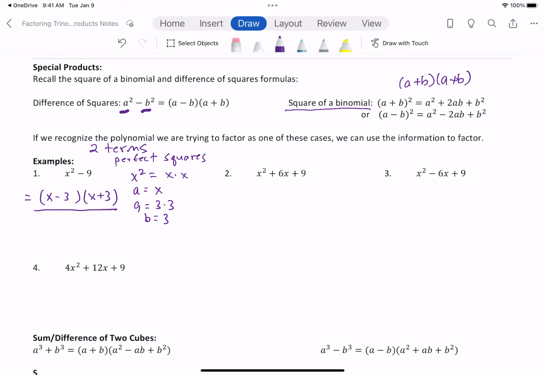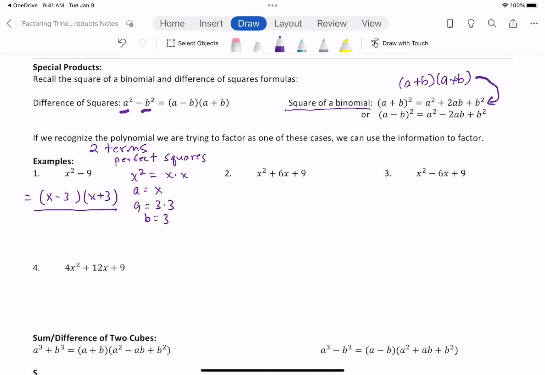And if you fully distribute or use the box, you would get a squared plus 2ab plus b squared. And it's 2ab in the middle because having the exact same two binomials, those two middle terms are always exactly the same, so we end up with two of them.